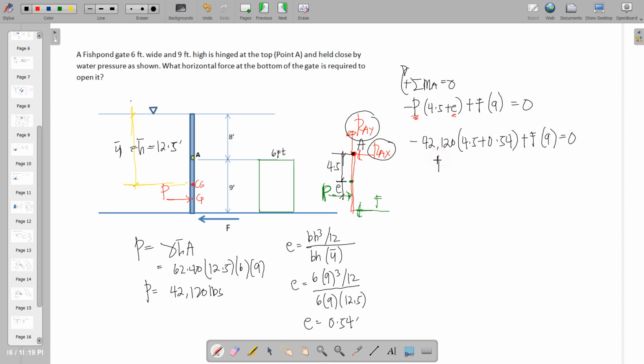So therefore, when we compute that one, F will be equal to 23,587.2 pounds. Okay, so that would be the required force on the bottom to open the gate. So that's it for this problem.